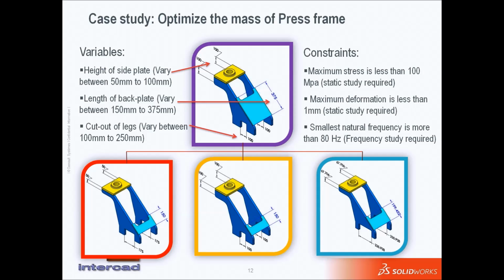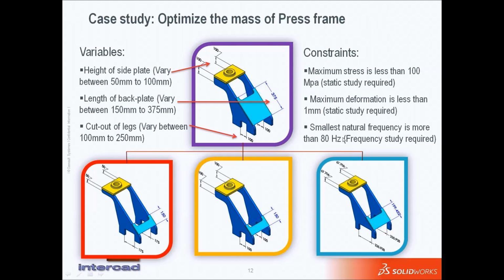but we have our limitations. We're telling the software that the maximum stress while you vary these parameters should not exceed 100 megapascals. Maximum deformation should be less than 1 millimeter, and the smallest natural frequency should be more than 80 hertz.